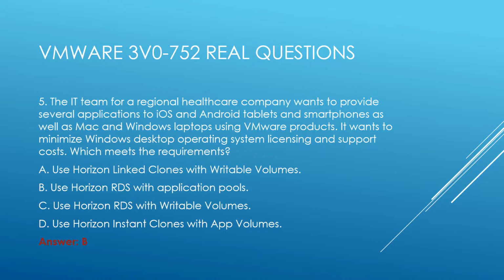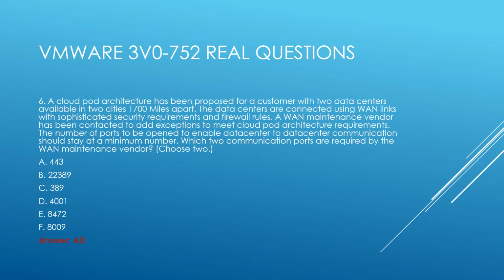A. Use Horizon linked clones with writable volumes. B. Use Horizon RDS with application pools. C. Use Horizon RDS with writable volumes. D. Use Horizon Instant Clones with Volumes. Answer: B.